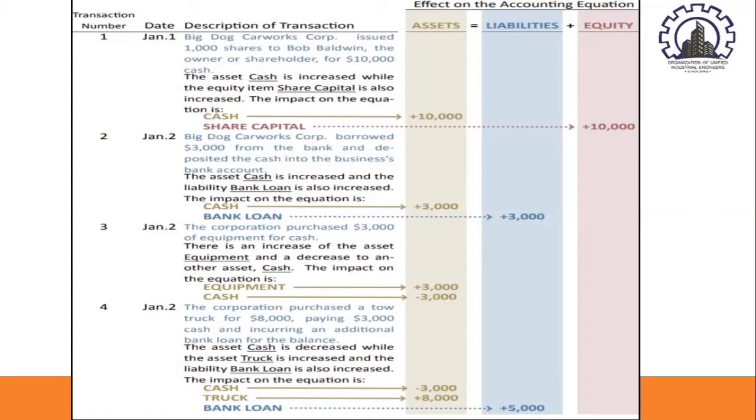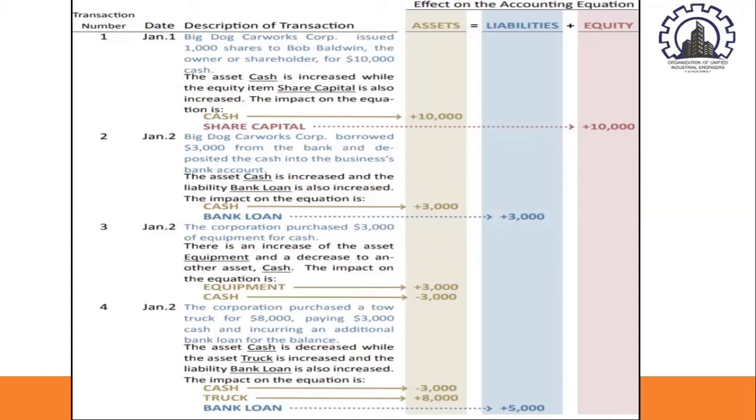Now, let's take transaction number one, the January 1st transaction. It says Big Dog Car Works Corporation issued 1,000 shares to Bob Baldwin, the owner or shareholder, for $10,000 cash. Now, remember, cash is an asset, right? This is a current asset, the most liquid current asset.